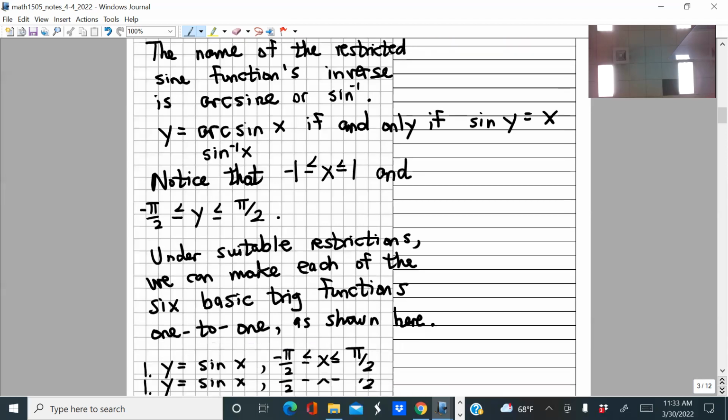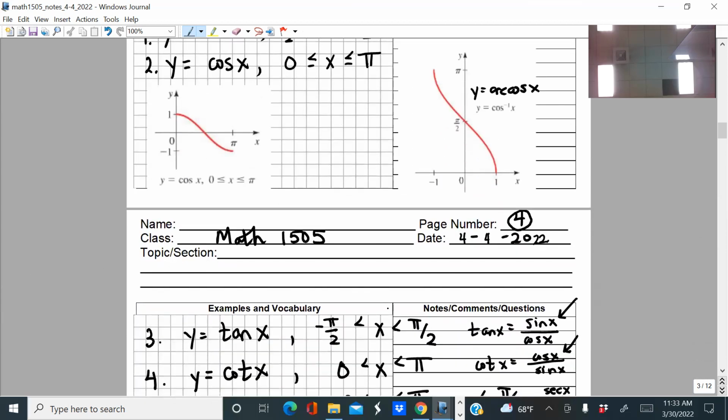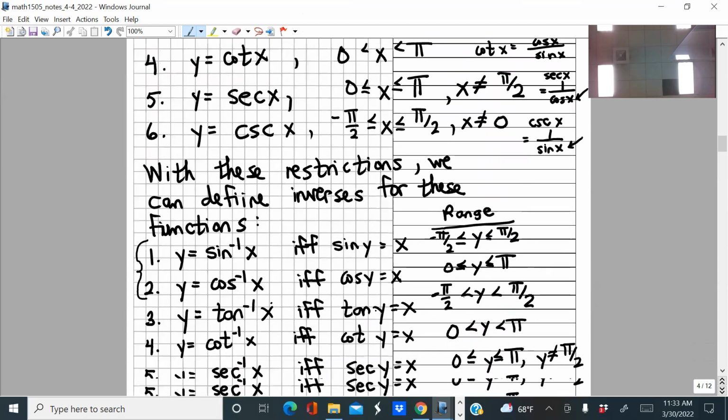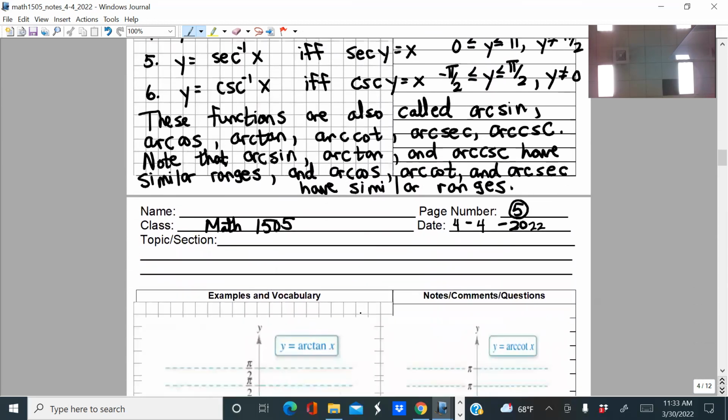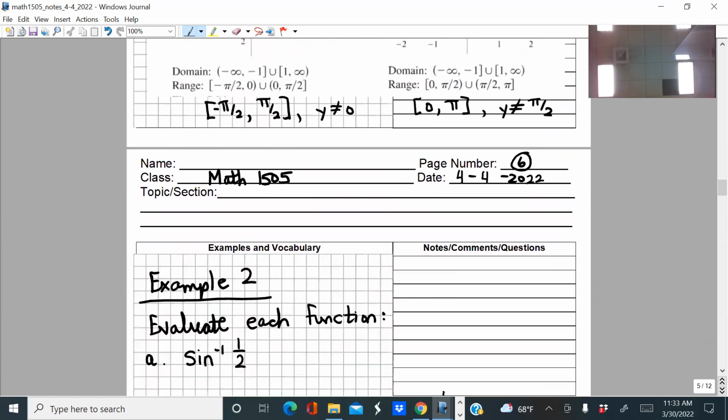Let's see if I can find an example before we talk about the other trig functions. Let's scroll down and see if we have one. There's one. Let's try this one first to help your understanding of the arc sine function or the sine inverse function.